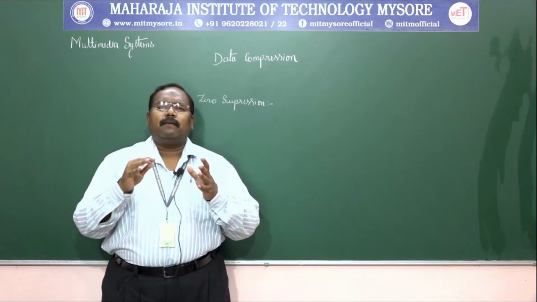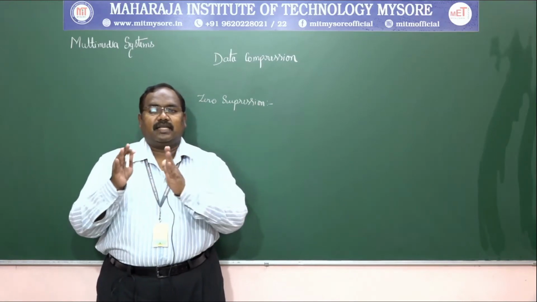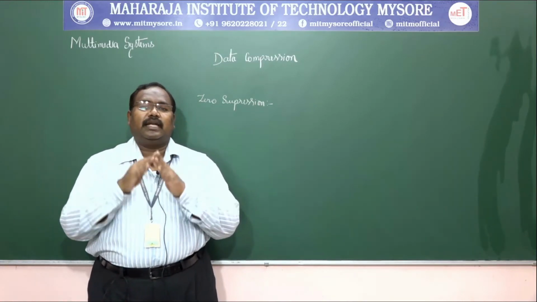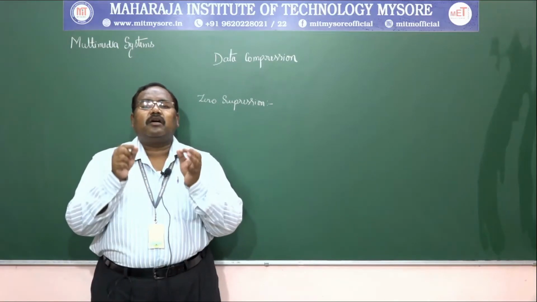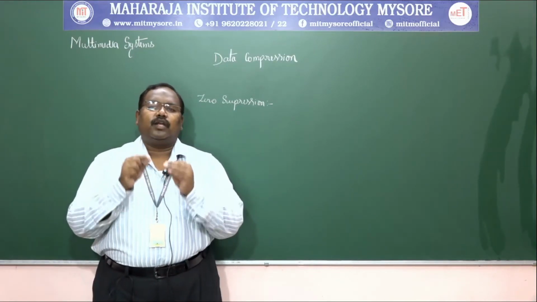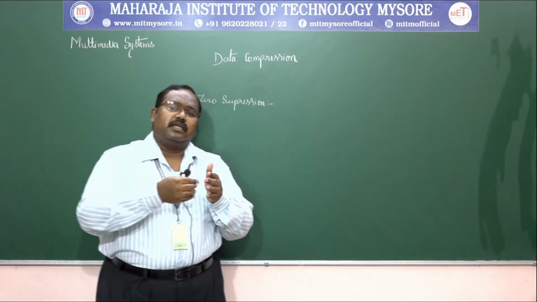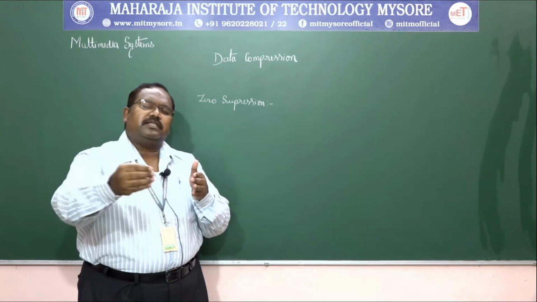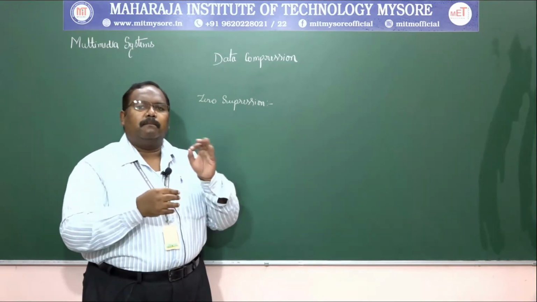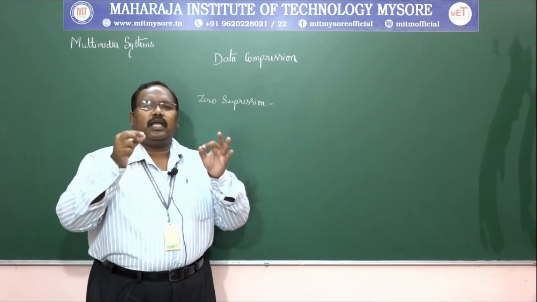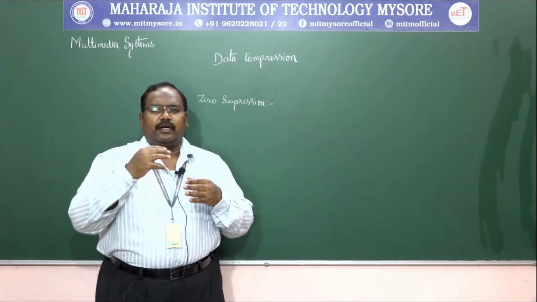And it only makes sense if the extra space used for storing the indices is smaller than the space used by storing the zero values. Here we are just replacing the number of occurrences of zero by an index. That is the only amount of storage that is reduced.